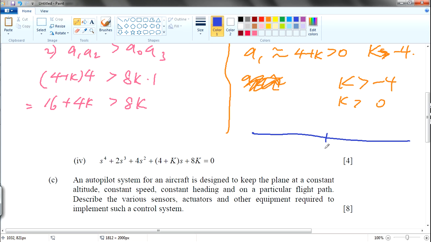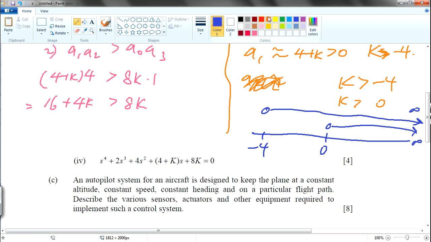If you draw the number line, K from 0 going to infinity, and K larger than minus 4 means whatever values across this number line can be used. So the best K value that satisfies both is this portion over here, so K larger than 0 can satisfy all these things.